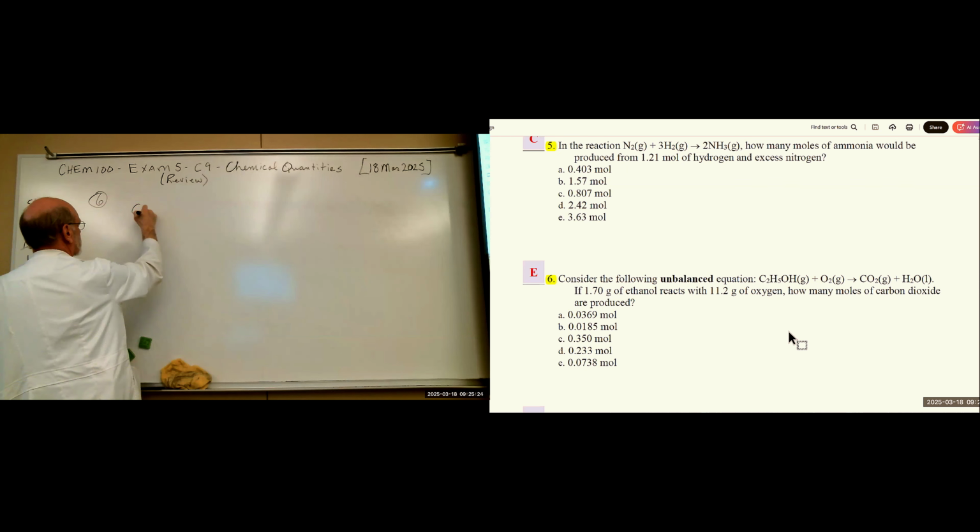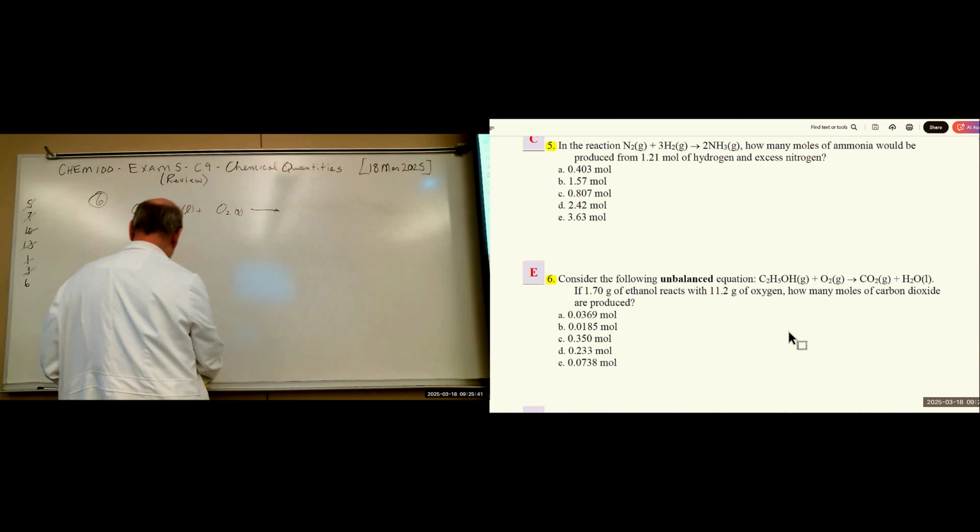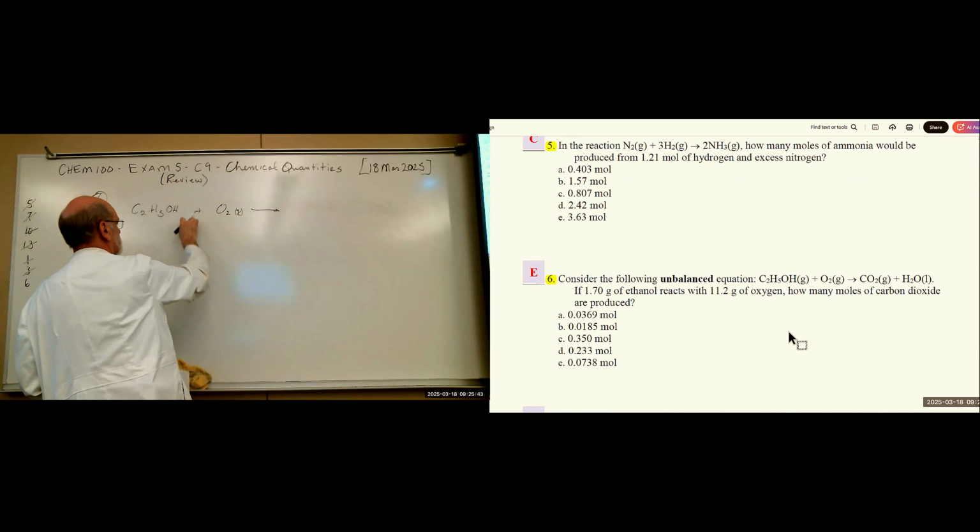So we got ethanol. And we got oxygen. And it's going to make carbon dioxide and water. Oh, they're saying this is gas. That's okay.